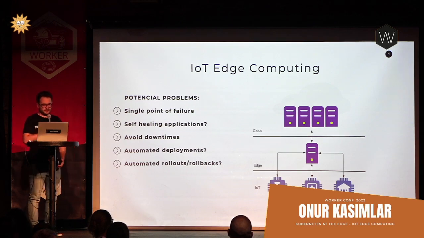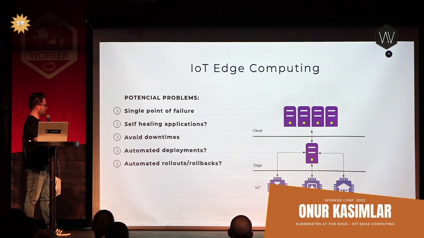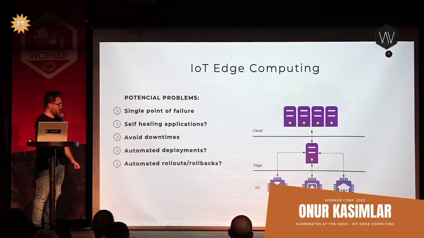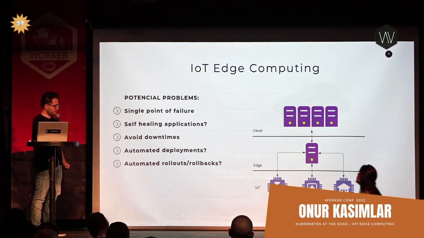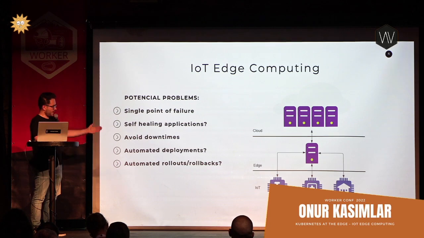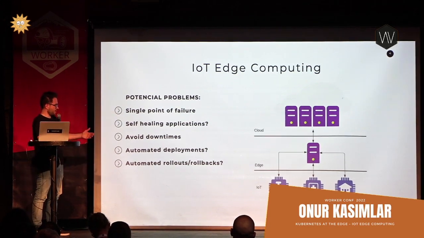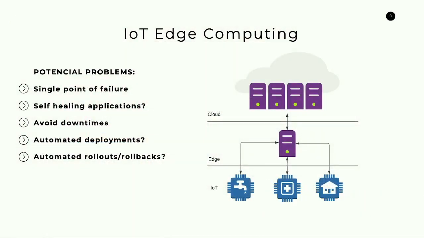So, if we search on Google with these buzzwords like IoT or edge computing, then we get an image like this maybe. At the bottom, we see the IoT devices which connect to the edge node, which then has a connection to the cloud.